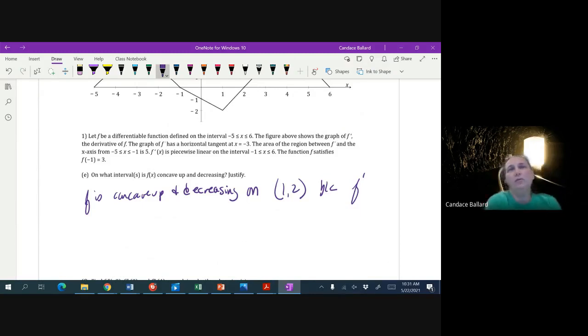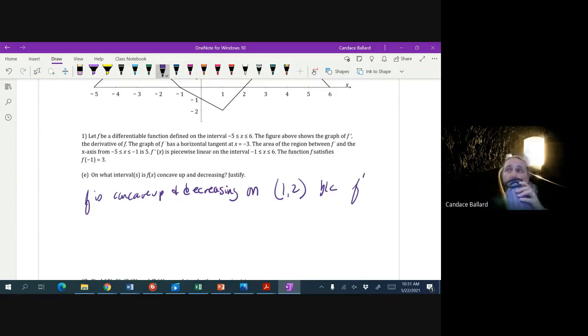And 1 to 2, because, let's see, F prime is, actually help me on the chat. What's going on with F prime? What would be our explanation? Based on F prime, what two things do I need to show here for my explanation? I want to see a few more people.